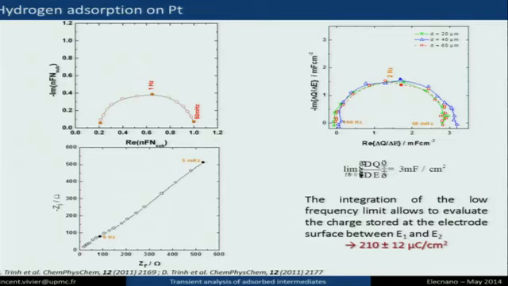The integration of this low frequency limit allows us to evaluate the charge stored at the interface, and we obtain the usual value of about 210 microcoulomb per square centimeter. So here we can obtain all that happens at the interface for the relaxation of the intermediates, and we can also get the relaxation frequency of the intermediates.